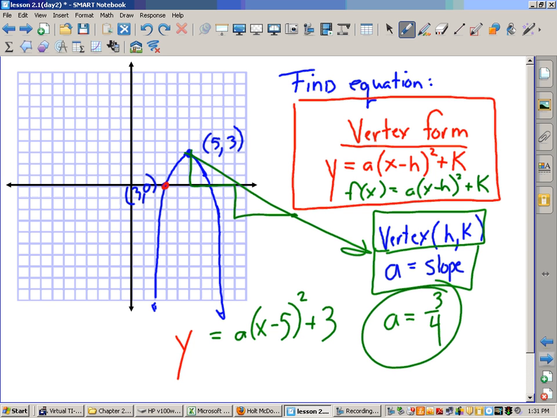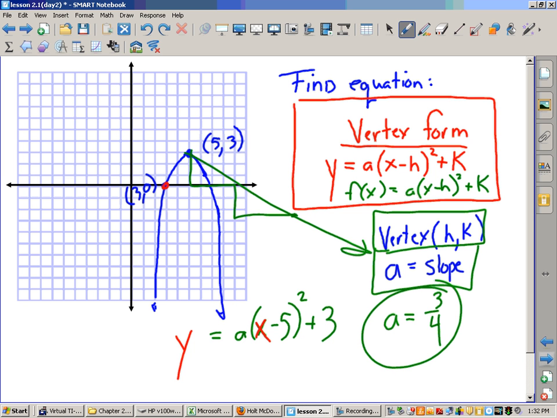But instead of doing that, do you see what x and y there are? They stand for a point on that function, any point on that function. All you need to do is plug in any point on that function, and you should be able to find that a factor. Go ahead and do that.